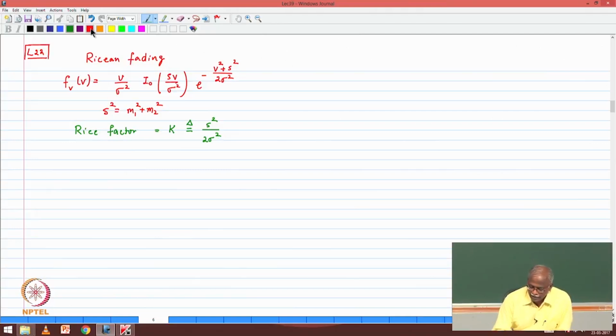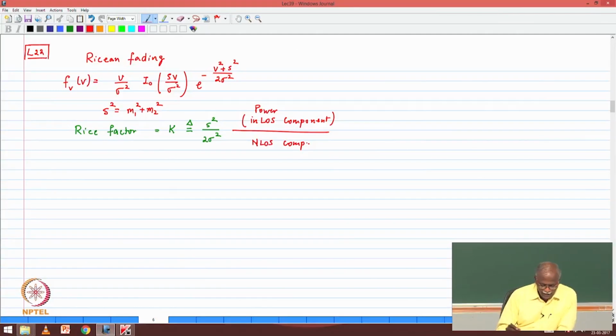So in other words, this is proportional to the power in the line of sight component divided by the power in the non-line of sight component.